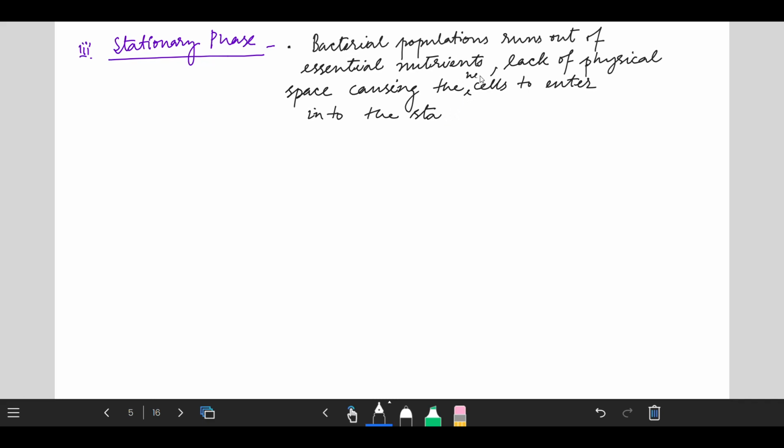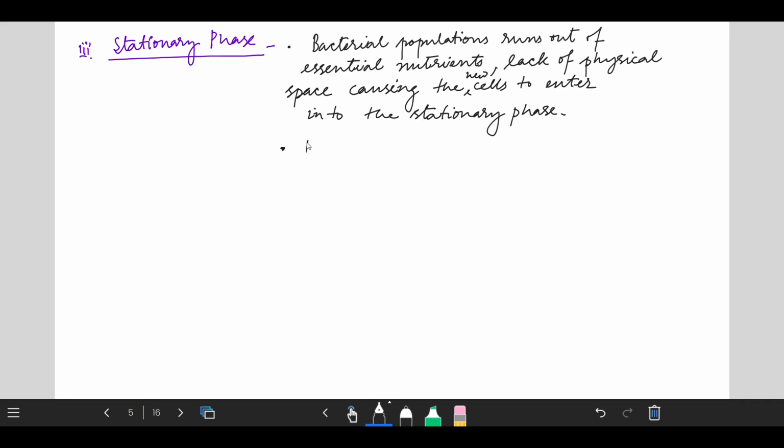It will be new cells, okay. In the stationary phase, at this point, the number of new cells being produced is equal to the number of cells dying, or growth has entirely ceased.